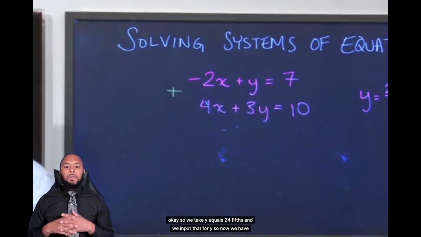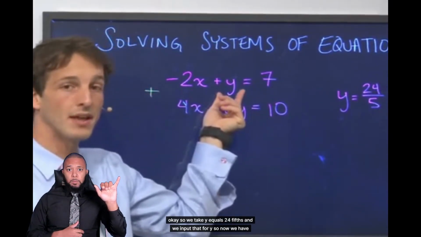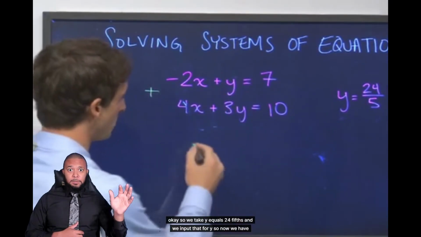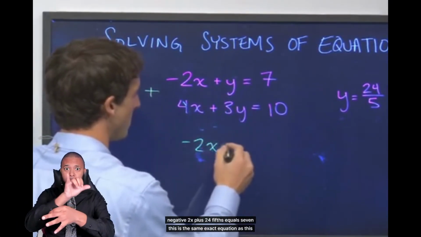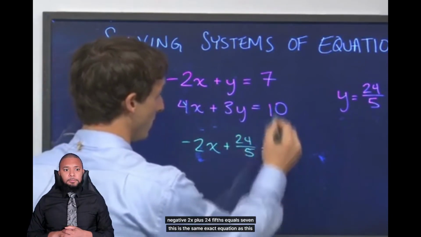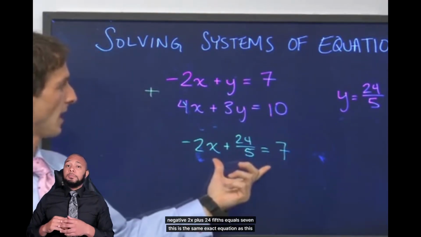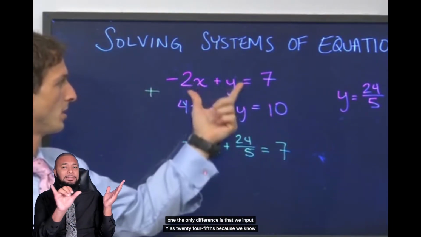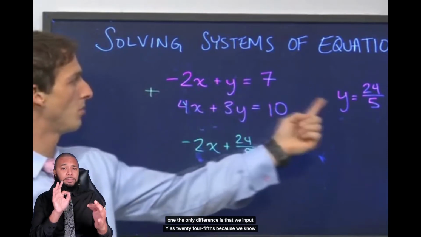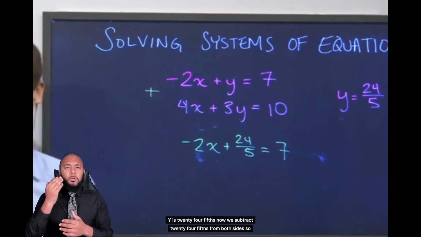So we take y equals 24 fifths and we input that for y. So now we have negative 2x plus 24 fifths equals 7. This is the same exact equation as this one. The only difference is that we input y as 24 fifths because we know y is 24 fifths.